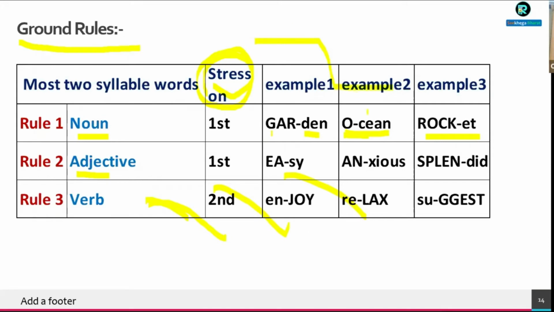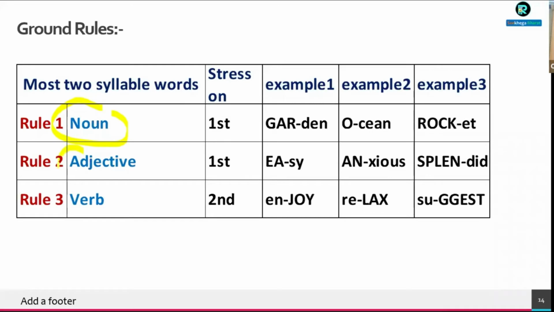So garden, ocean, rocket, like this. Understood? So when you have a two-syllable word and you understand that it's a noun, we have to follow this rule. First syllable gets the stress: garden, ocean, rocket.